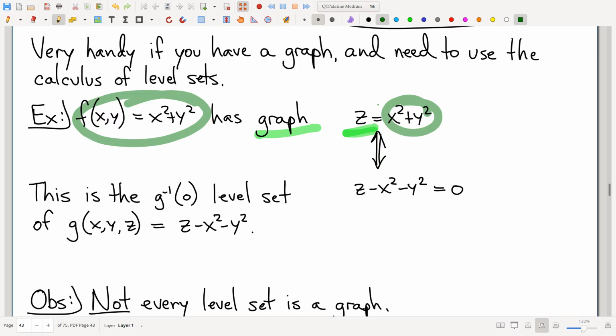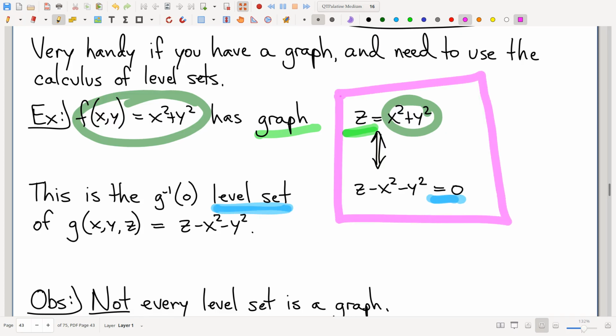Anyway, if you want to understand something about that graph, and if you would like to use the calculus of level sets, don't apply the calculus of level sets to f. That's a bunch of nonsense. We're not interested in level sets of f. We're interested in the graph of f. If you want to apply the calculus of level sets, you got to rewrite it, pulling this little fast one, same exact little fast one of algebra.